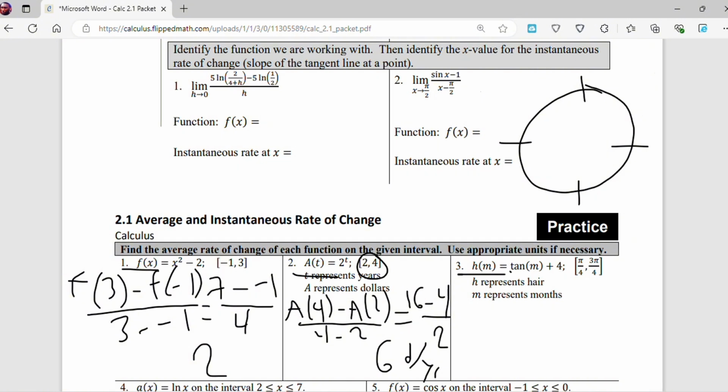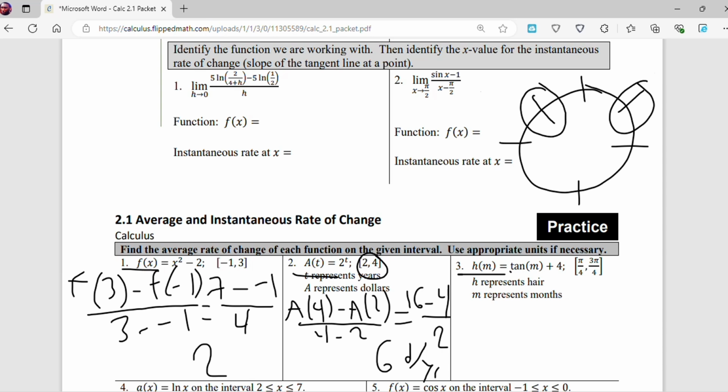Where's pi over 4? Pi over 4 is in the first quadrant between 0 and pi over 2, right in the middle. Where's 3 pi over 4? Sorry, that is between pi over 2 and pi. It's going to be right here. So we're looking for tangent value right here at pi over 4 and right here at 3 pi over 4.